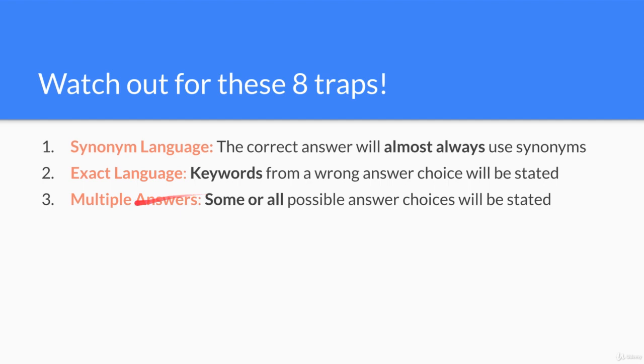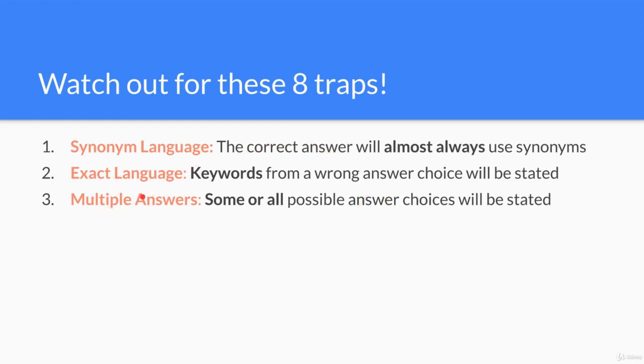The next trap is the multiple answers trap, and in this trap, they are going to list out some of the answer choices or all of the possible answer choices that are listed. You'll notice that there is certainly an overlap that happens here.